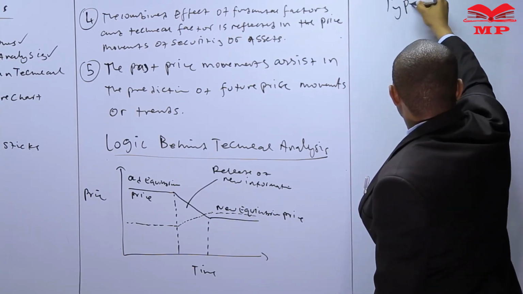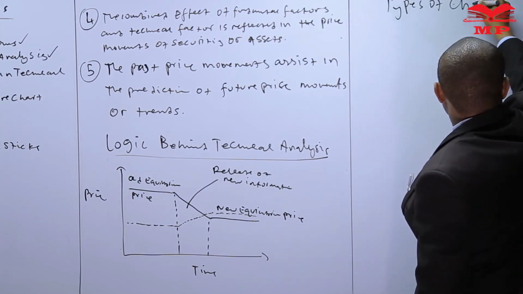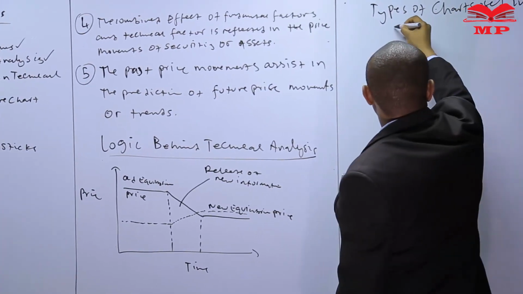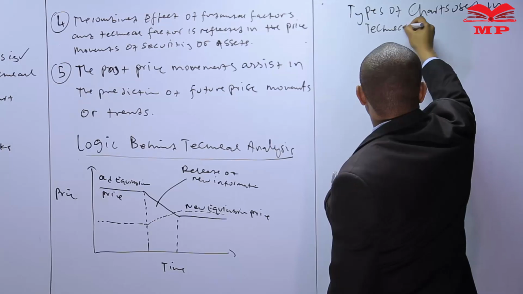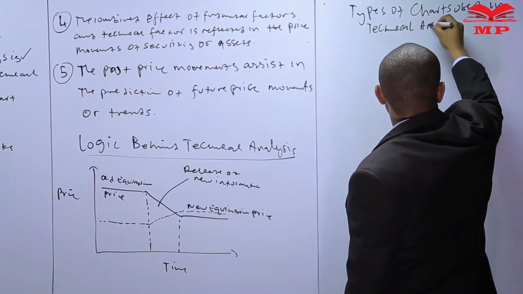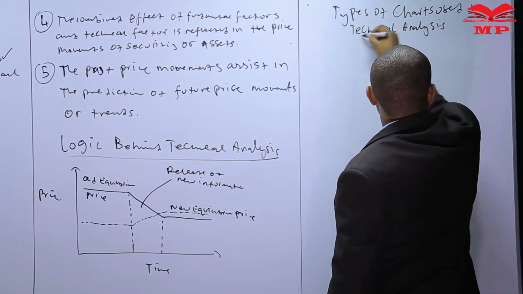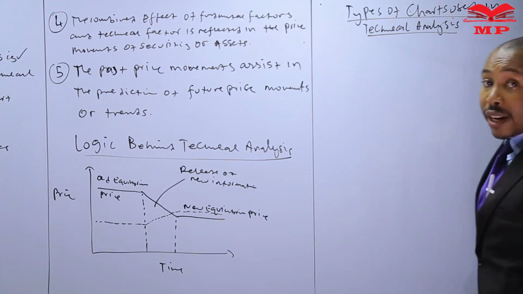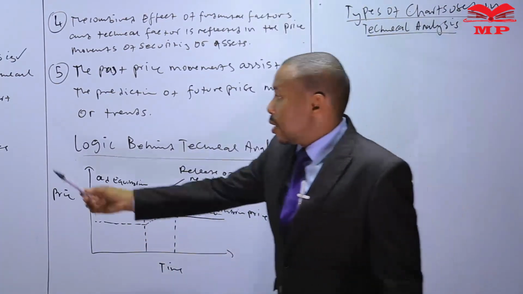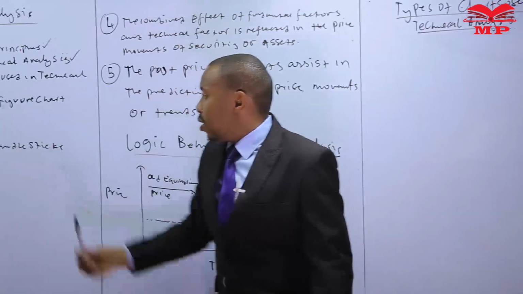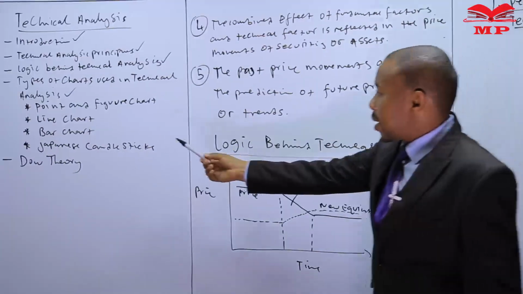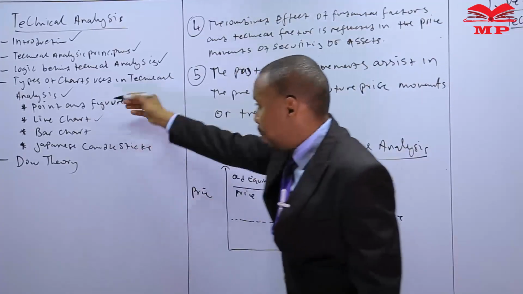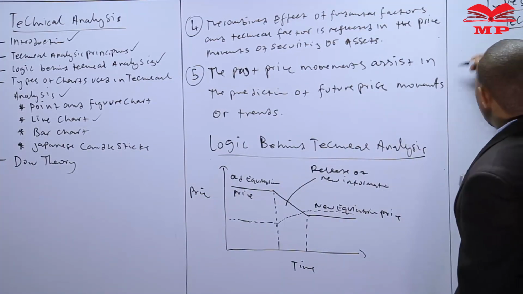So, types of charts used in technical analysis. Now the first type of chart that we are going to look at is the point and figure chart, or rather let me start first of all by looking at the line chart. Yes, let me just start right here. I'll be able to explain all of them anyway. So the line chart.